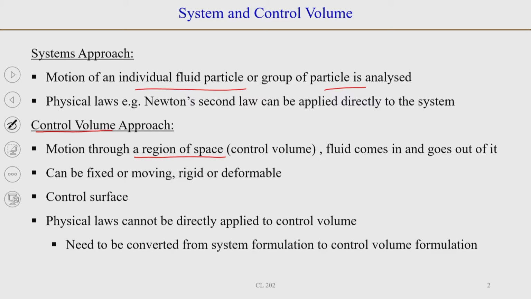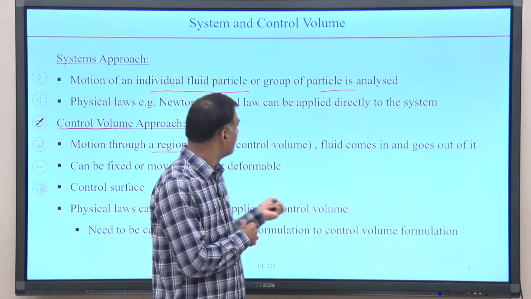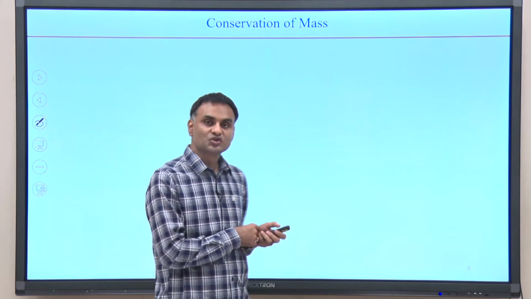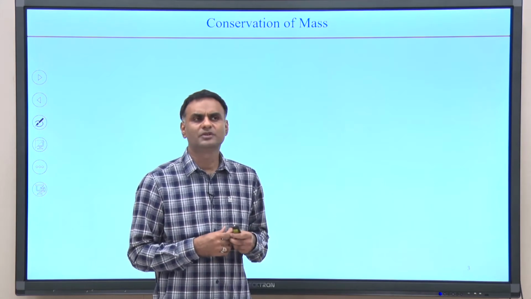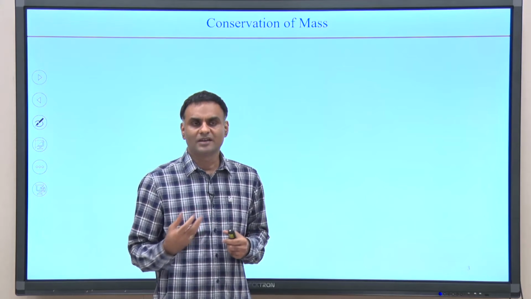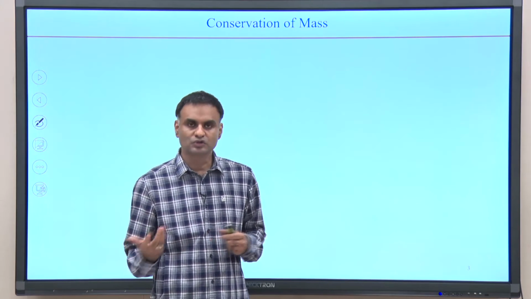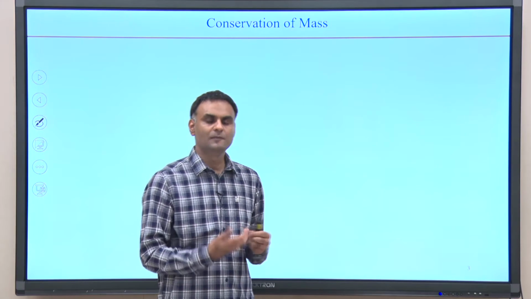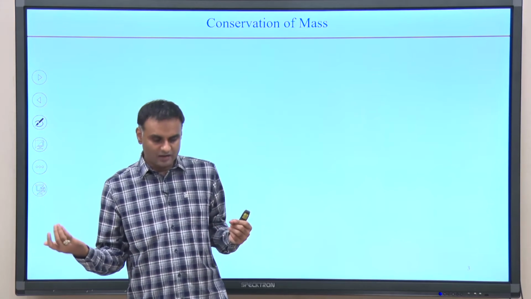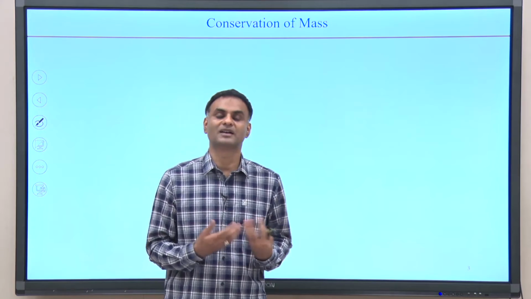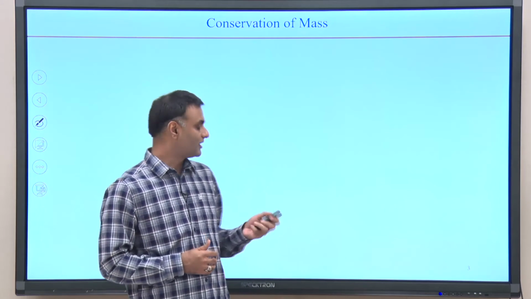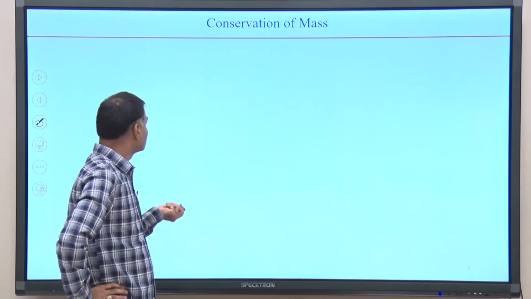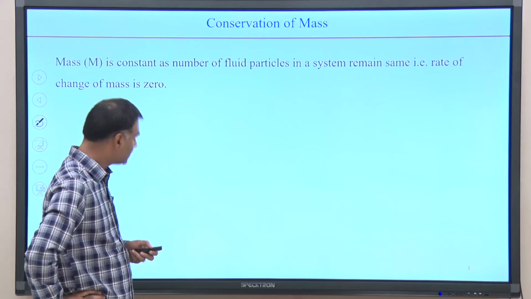The first one is conservation of mass. We might not use this very frequently to solve problems in rigid body mechanics, because it is implicitly assumed that in a rigid body the mass is of course constant, but in fluid mechanics we need to look at this.